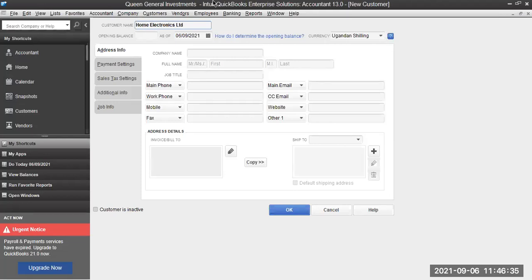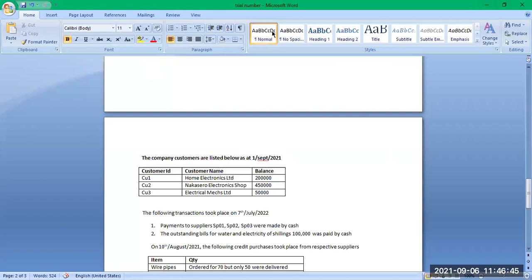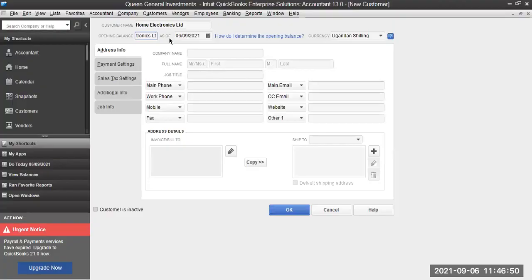What is this opening balance? 200,000 opening balance, as of the date. That means this person has an opening balance of 200,000. He is a customer, so we are demanding 200,000 from this person. So the company name is that.